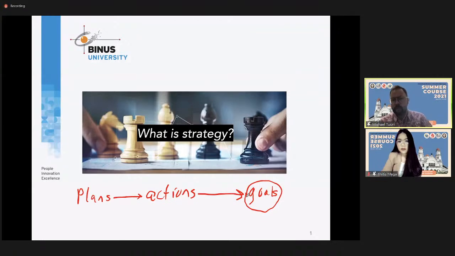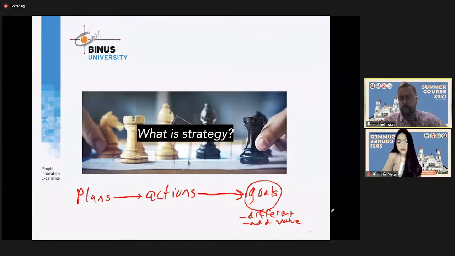But when we think about the goal of strategy in business, it's usually about how can we be different from other companies? What can we do different? That's the main goal of strategy. And we want to be different in a way that adds value for our customers specifically.